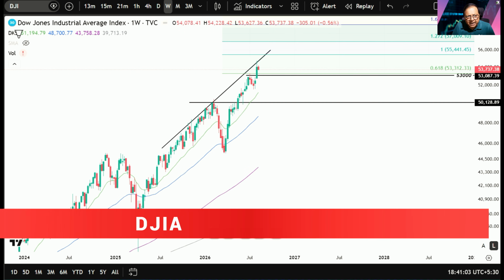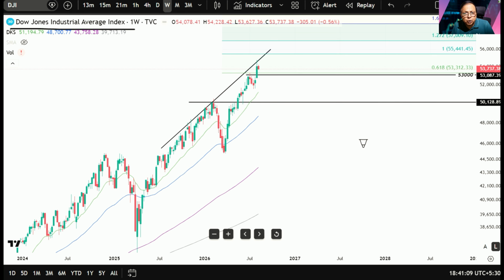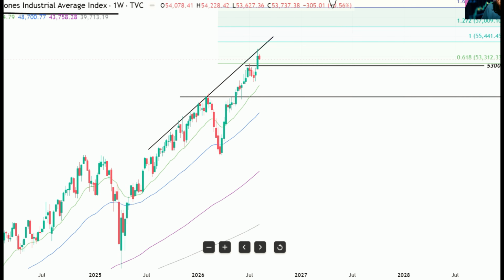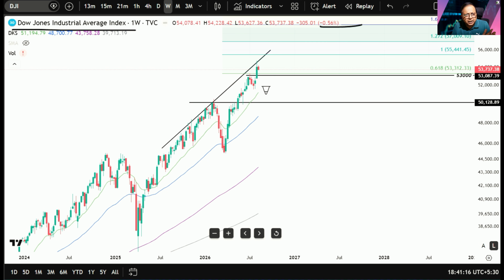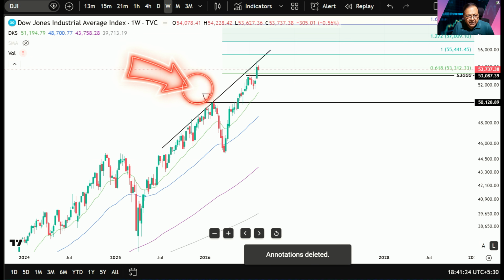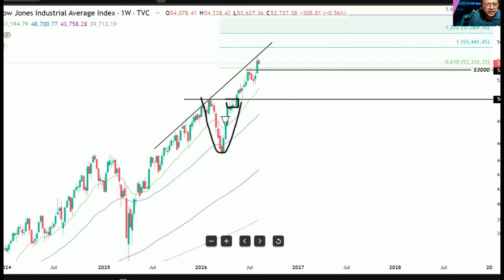Now this is the price chart of Dow Jones Industrial Average Index in weekly time frame. This week, this index closed lower by 0.56% because it got rejected in the last week or a prior week from this trend line, which is acting as a dynamic resistance. But we can see here some kind of formation where the price consolidated and gave a breakout.